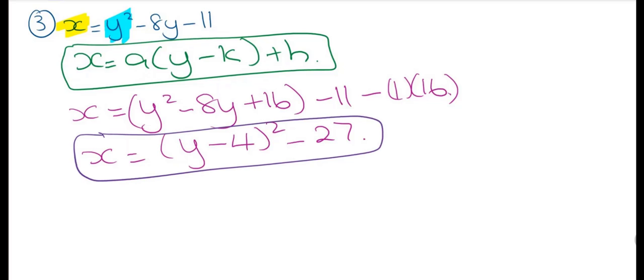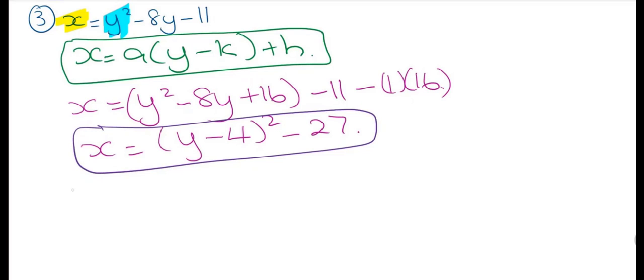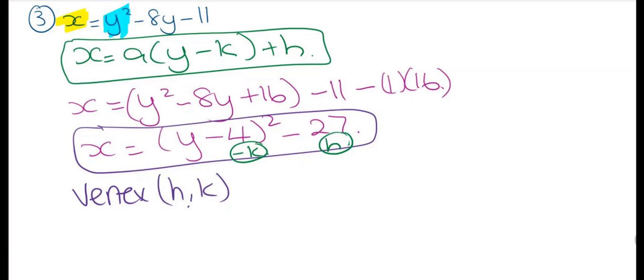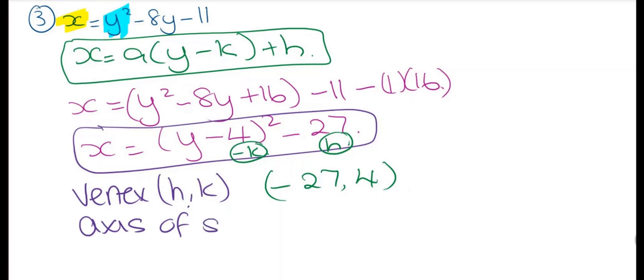So now I need to write the vertex. So the vertex is still (h, k), but from the equation, this is our minus k value, and this is our h value. So the vertex will be minus 27, 4. And the axis of symmetry, this time it is y is equal to k, and our k value is 4.